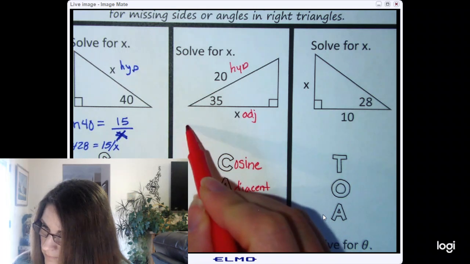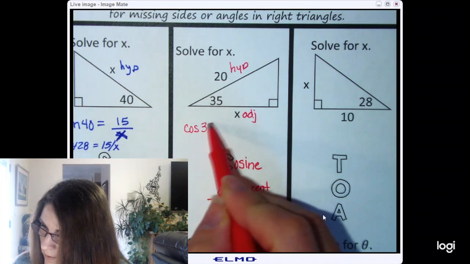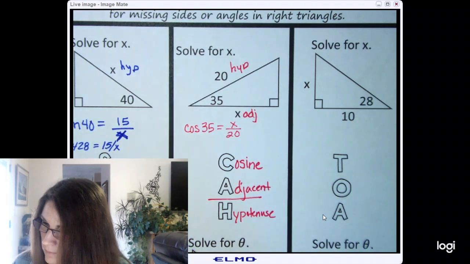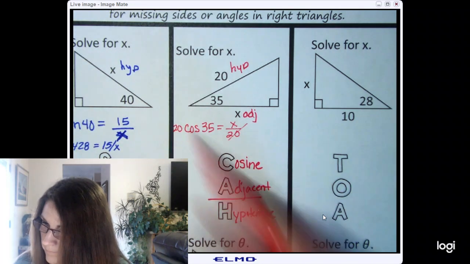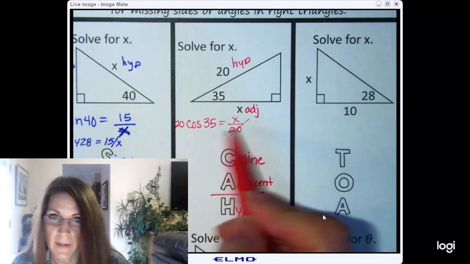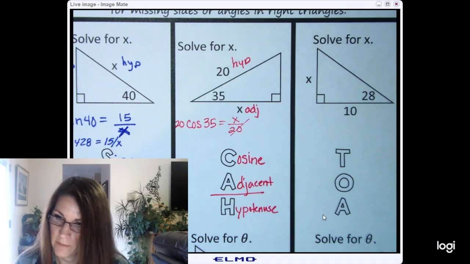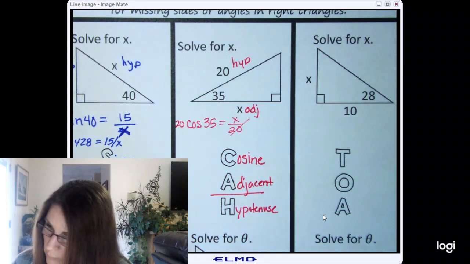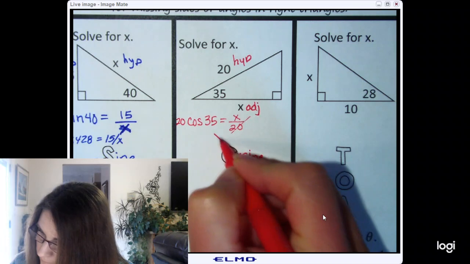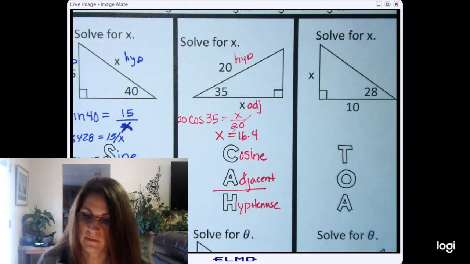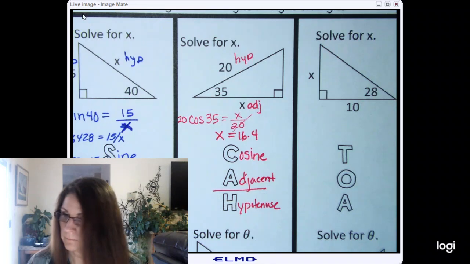All right, cosine of 35 is adjacent over hypotenuse, times both sides by 20. I could just type that in my calculator exactly like I see it. 20 times the cosine of 35, and I get 16.4. Okay, that missing side length is 16.4.